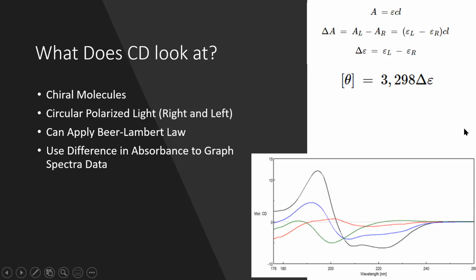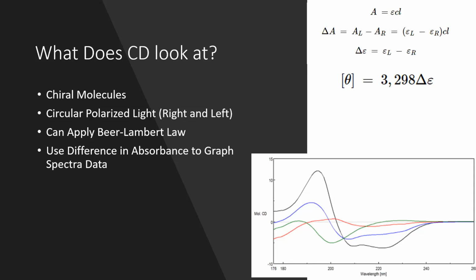Because of this, we can also apply Beer's-Lambert law to analyzing these chiral molecules. As we can see in the top right corner, absorption equals the molar extinction coefficient times the concentration times the path length. We can set it up further down, where we take the absorbance of the left circular polarized light and subtract it from the absorbance of the right circular polarized light.